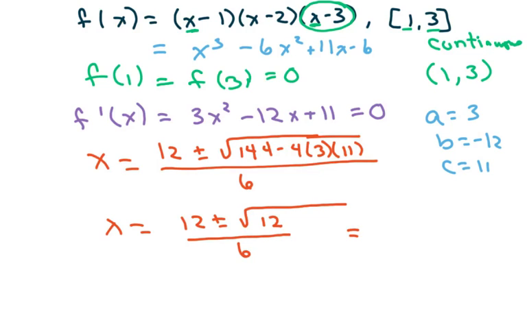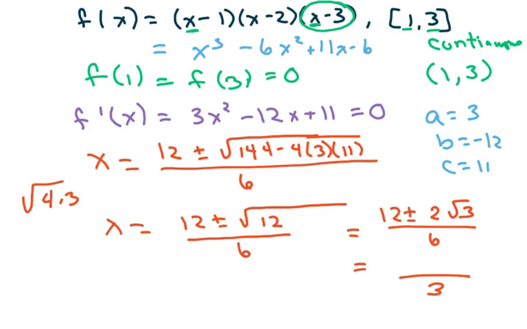So this is going to be 12 plus or minus, this is 4 times 3, which is going to be 2 square root of 3 over 6, which can reduce to, with this 2, I'm going to make my denominator 3, so this would be 6 plus or minus square root of 3.